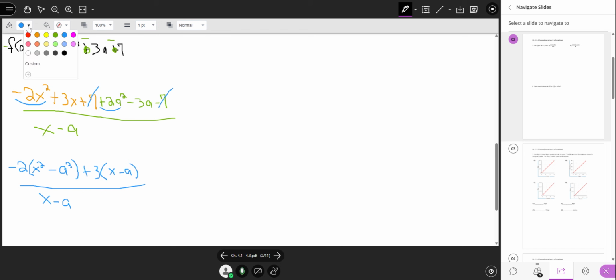Like I said, this wasn't exactly the most user-friendly problem. And remember I said factoring wasn't going away. This is the difference of squares.